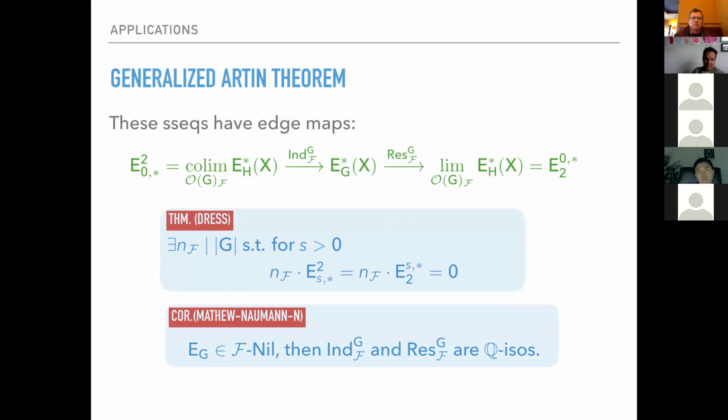So you put those together, and it says, in particular, that these induction and restriction maps are rational isomorphisms. These are generalized Artin induction theorems. If you don't care about torsion, then you can manage to reconstruct the group cohomology from the cohomology of subgroups. There's also a result like this for homology.